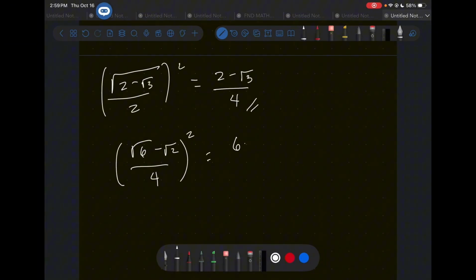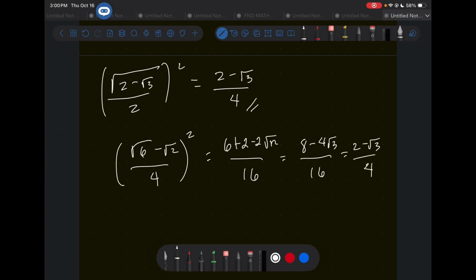So it's gonna be (6 minus 2) over 16. Oh wait, it's gonna be 6 plus 2 minus 2 square root of 12. It's gonna be (8 minus 4 square root of 3) over 16, or (2 minus square root of 3) over 4, making them equal.